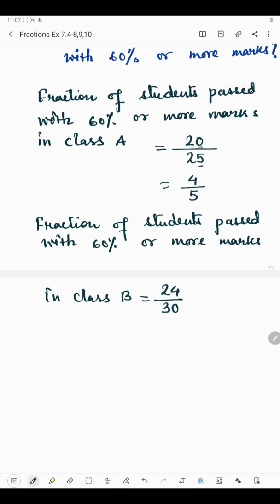So 24 will be in the numerator, and the total number of students will be in the denominator.